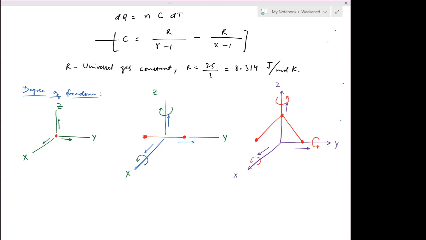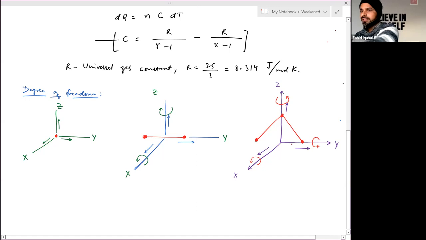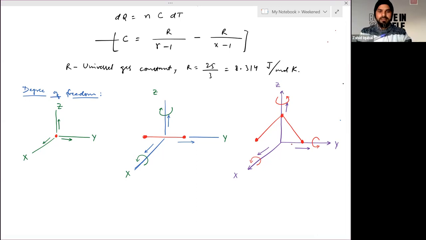Sir, can you explain translation energy and rotation energy again? Okay, just 1 minute. Suppose you have a bent shape like this. So this particular configuration may bend along this axis. It may bend along this axis, or it may rotate along z-axis as well.